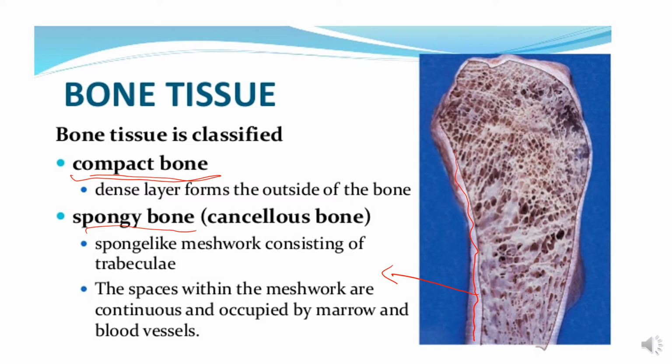To the naked eye, spongy bone looks like a honeycomb, and this meshwork is occupied by the marrow and blood vessels.